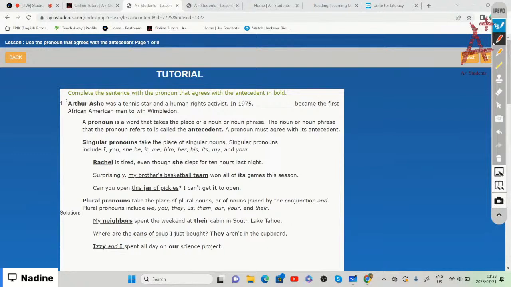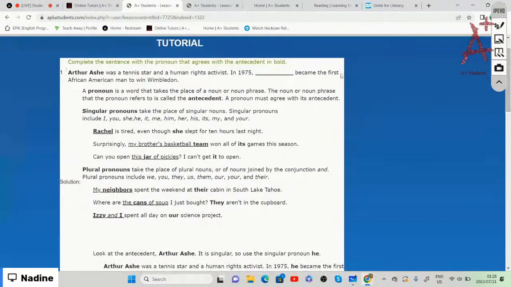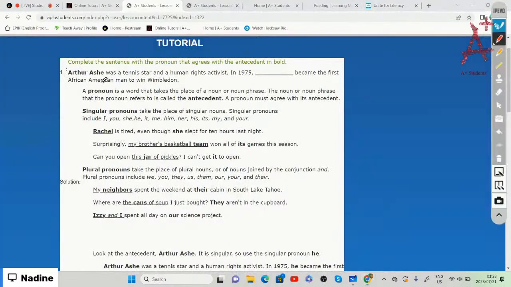All right. Now we need to complete the sentence with the pronoun that agrees with the antecedent in bold, right? All right. So Arthur Ashe was a tennis star and a human rights activist.